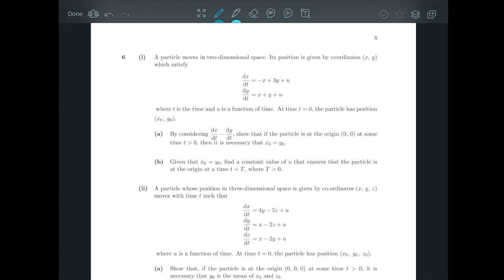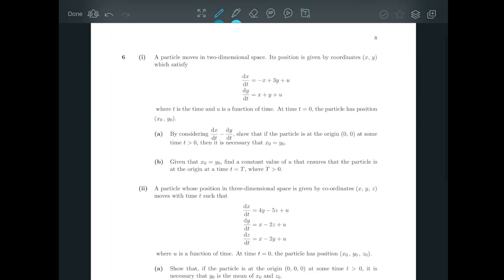Question 6. We got a coupled differential equation, satisfied by those. Told us to do a special combination by subtracting them. And initial conditions, okay, that seems simple. Given that, find a constant that ensures a particle is at the origin at some later time. That seems sensible.